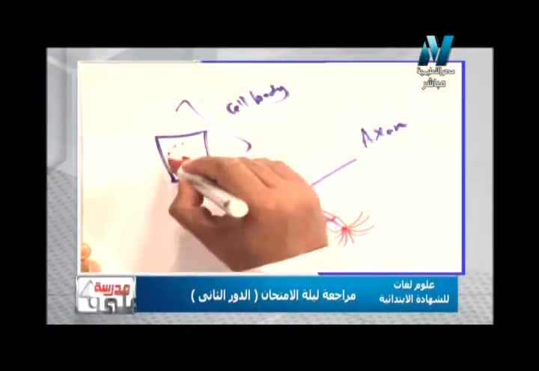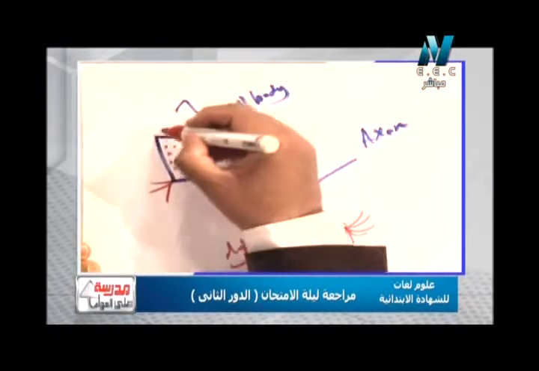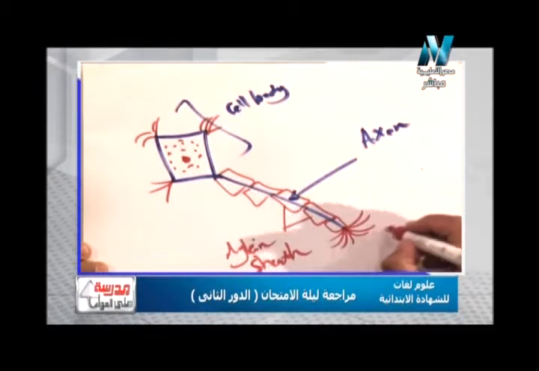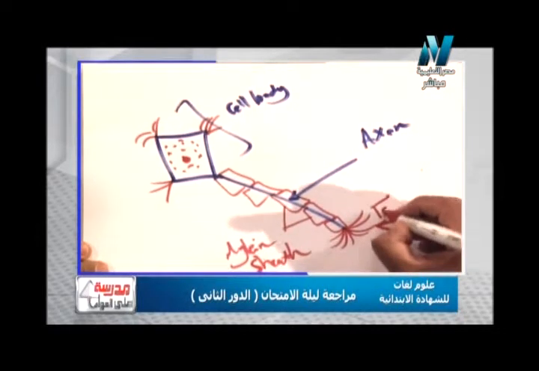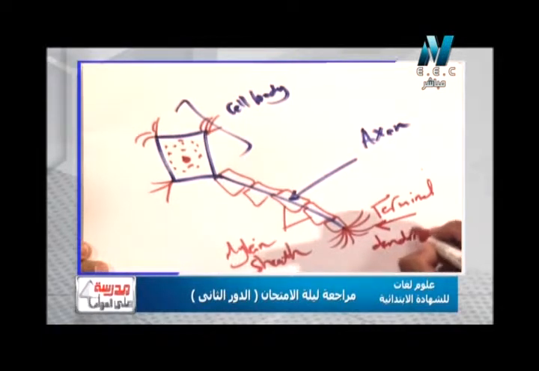And also cytoplasm. Cytoplasm is very important. And also dendrites. Here I can write in this dendrite terminal, dendrites, the terminal branches.